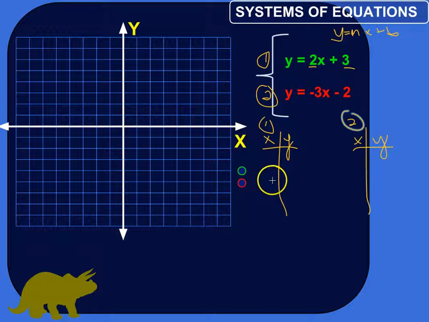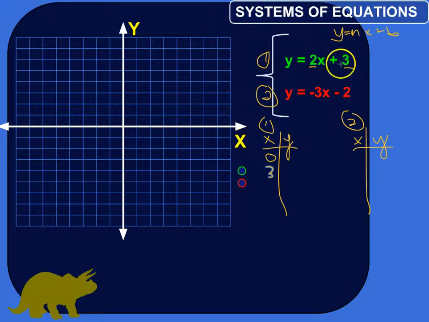Okay, so just pick a couple points. All you really need is 2 points in order to graph a line. So 0 and let's say 3. You just pick any x values you want, plug them in, and see what you get for y. I like picking 0 because it's pretty simple to solve.